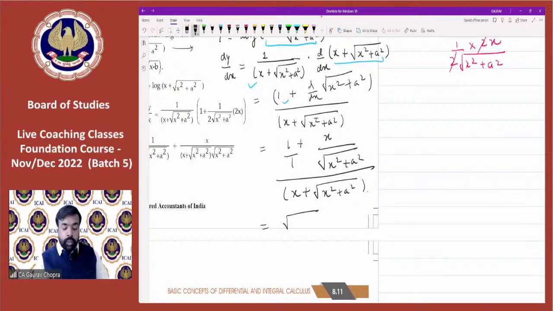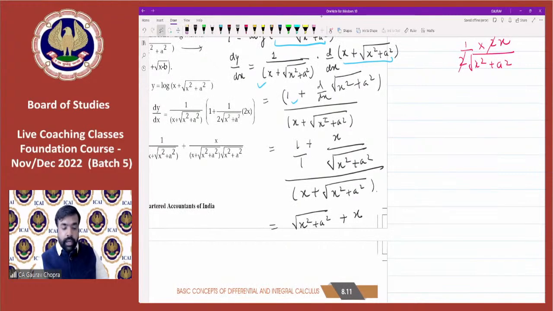So it will be root x square plus a square plus x, and then divided by x plus root of x square plus a square.